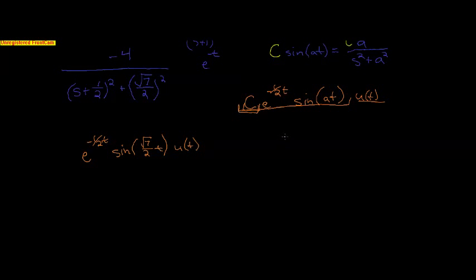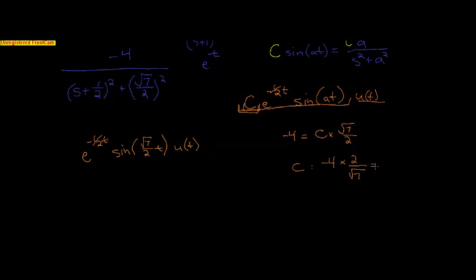So what we're saying is -4 basically equals some constant times radical 7 over 2. We can say C will equal -4 times, when you're dividing by a fraction, you just multiply by the reciprocal, so 2 over radical 7.